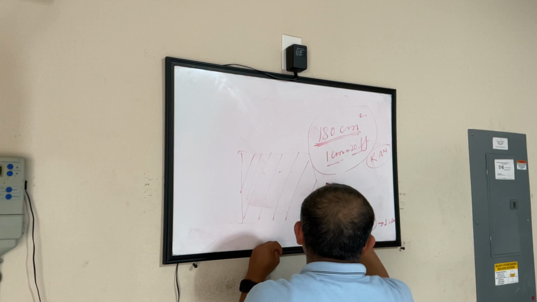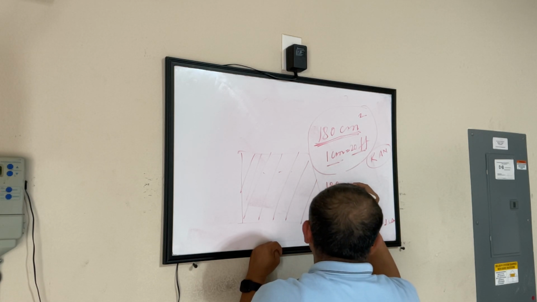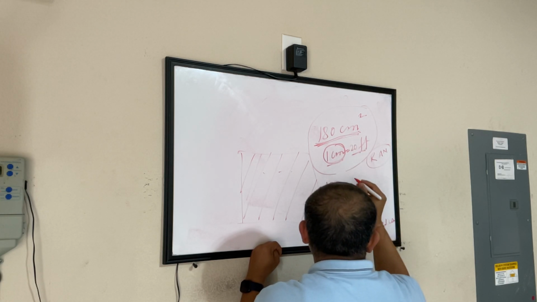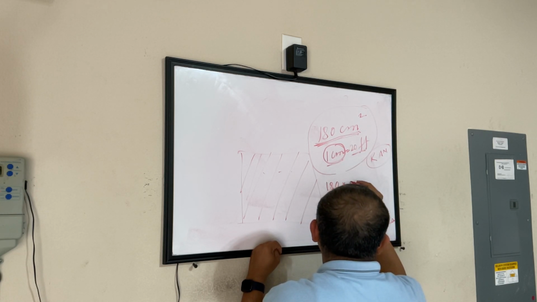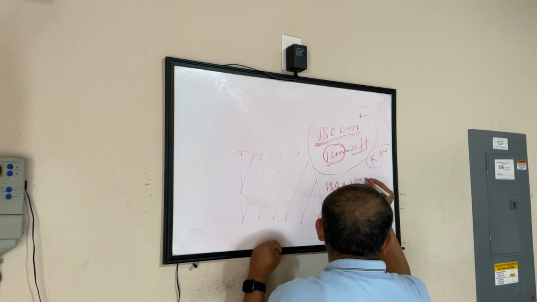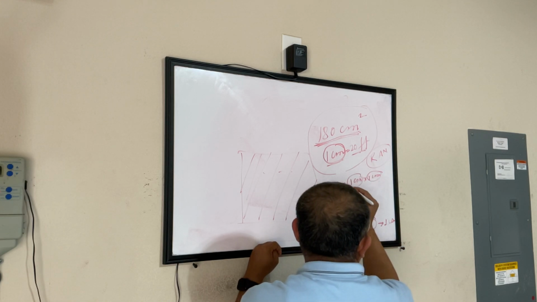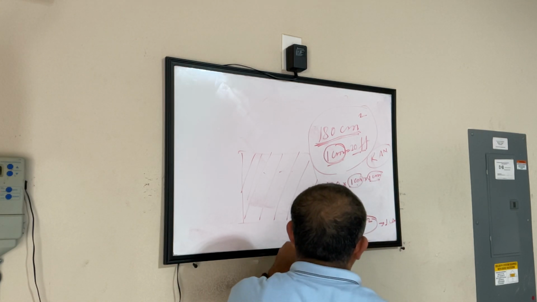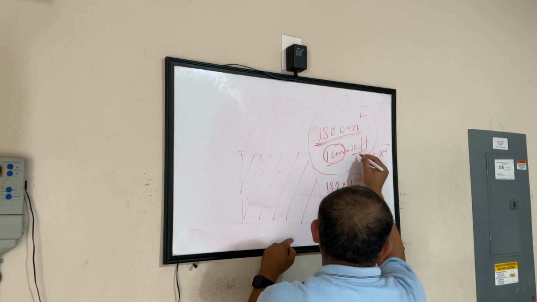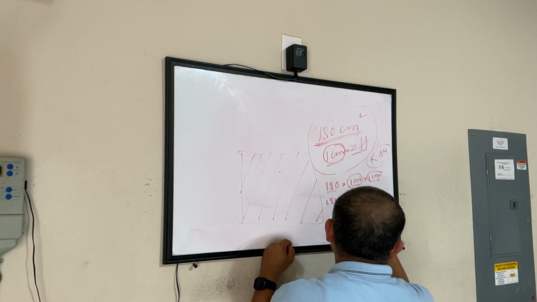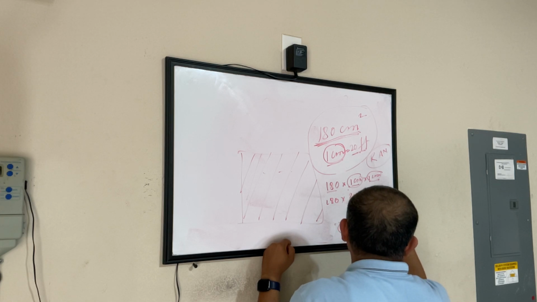Here also I need it in feet, so let's convert everything into feet. 180 centimeters square. Now I am told that 1 centimeter is 20 feet. So I can write this as 1 centimeter into 1 centimeter. That is how it became 180 into 1 into 1, which is 1, and centimeter square. Now every 1 centimeter is replaced with 20 feet. 180 into 20 feet into 20 feet.